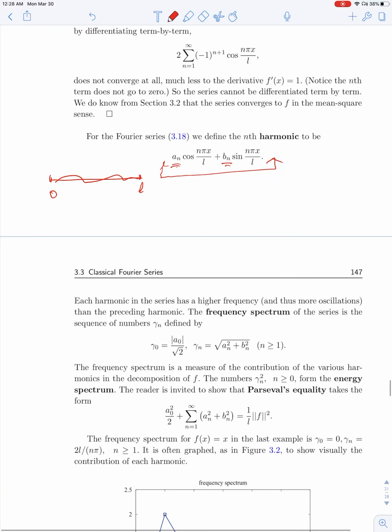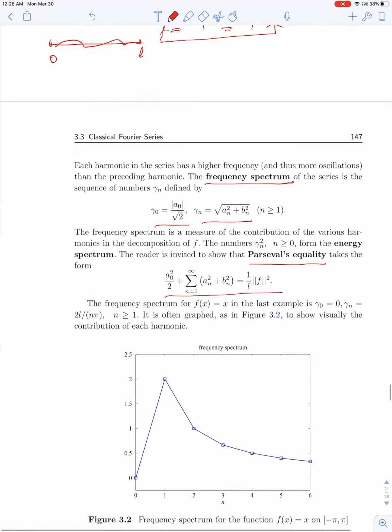These are what we call the frequency spectrum, and then Parseval's equality is now in this form.